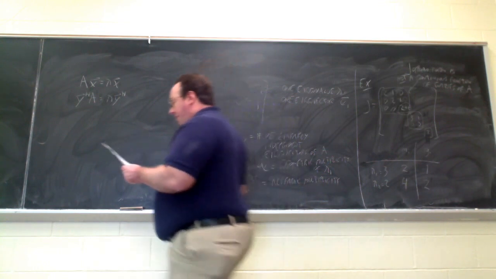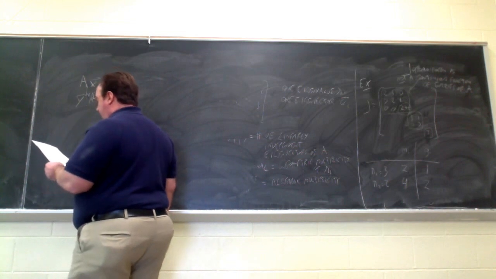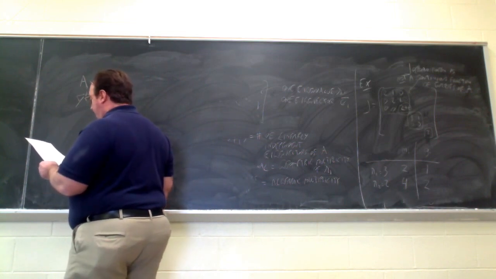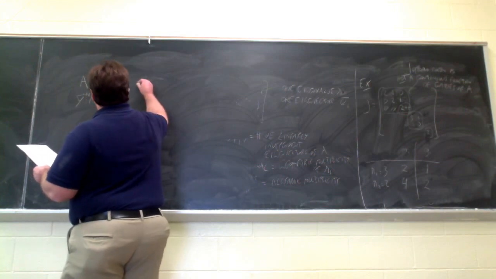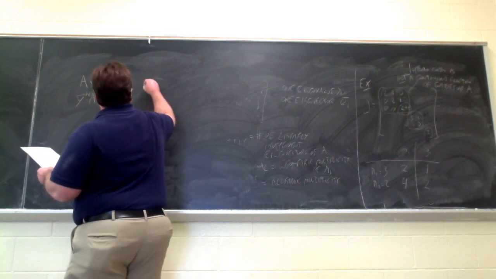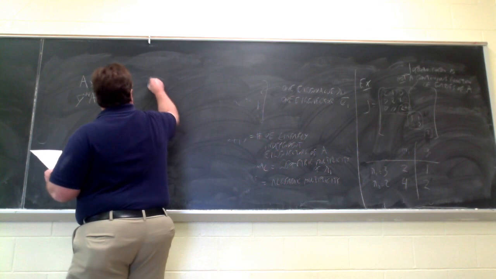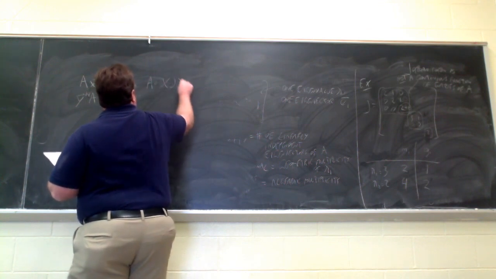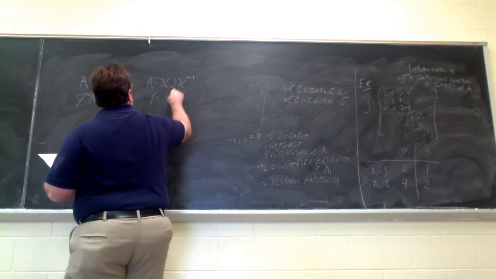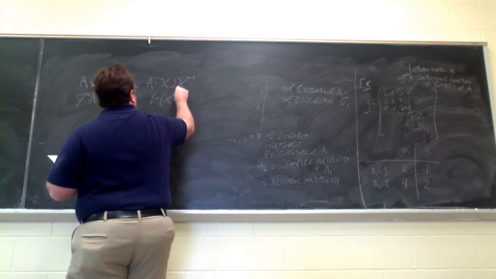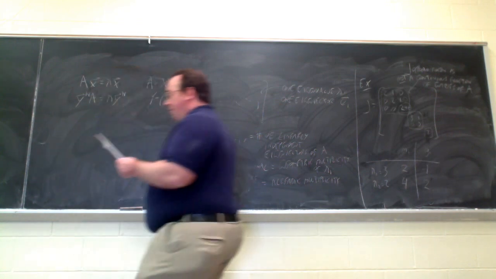Now, this would come from the Jordan form, A is equal to X J X inverse. And I can define Y to be X inverse Hermitian transpose.